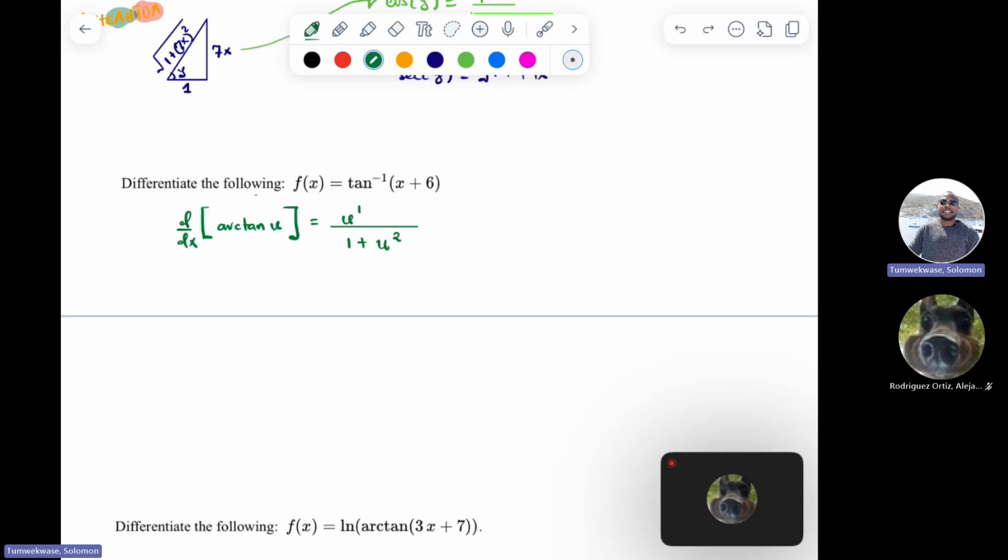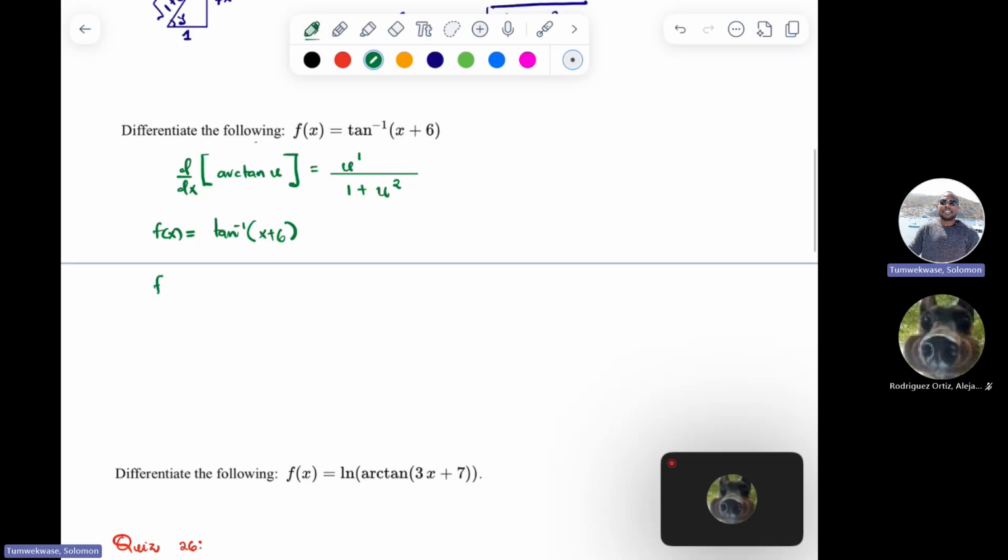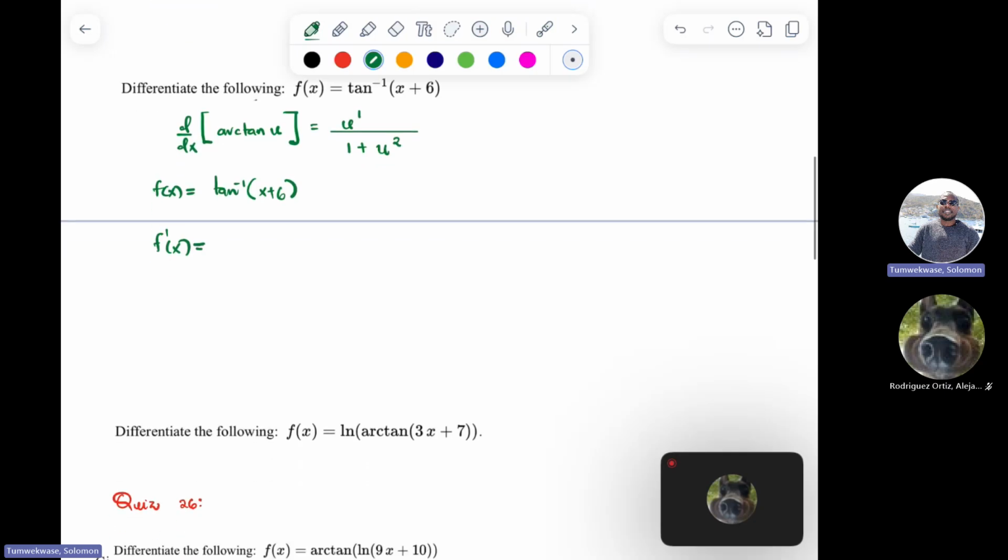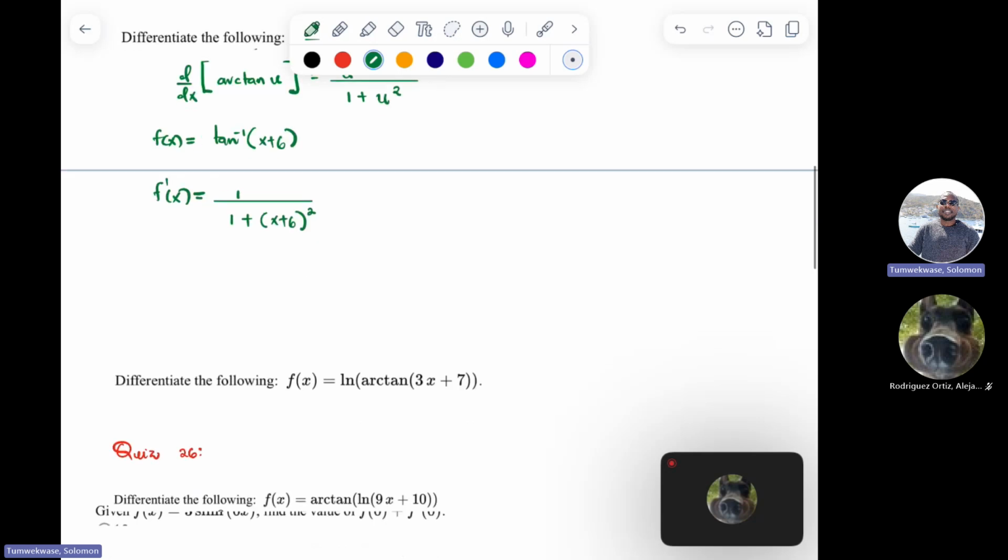So therefore, if I have my function as tan inverse of x plus 6, then the derivative from this formula is the same as take the derivative of x plus 6, which is just 1, then divide by 1 plus u squared, which is x plus 6 squared, okay?